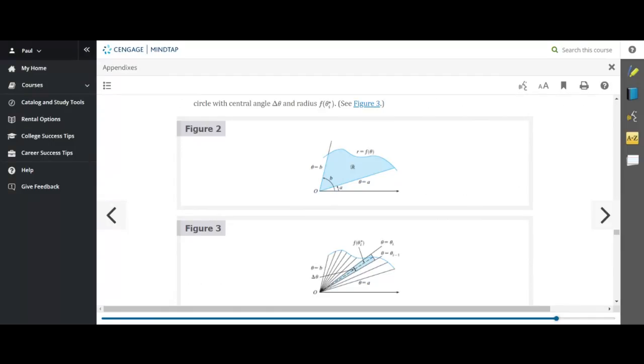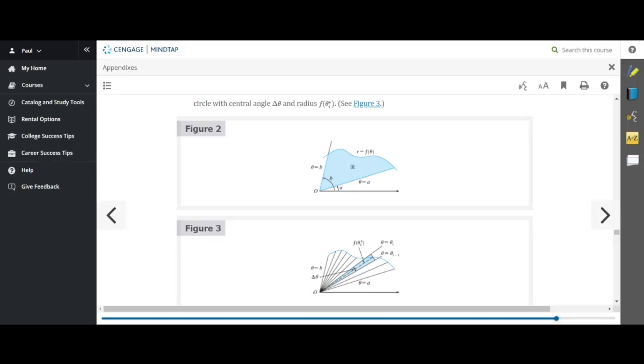We want to find the area under the polar graph from theta equals A to theta equals B. To get there, if you notice in figure 3, they take this area and divide it up not into rectangles like you learned in calculus 1, but into circle sectors.